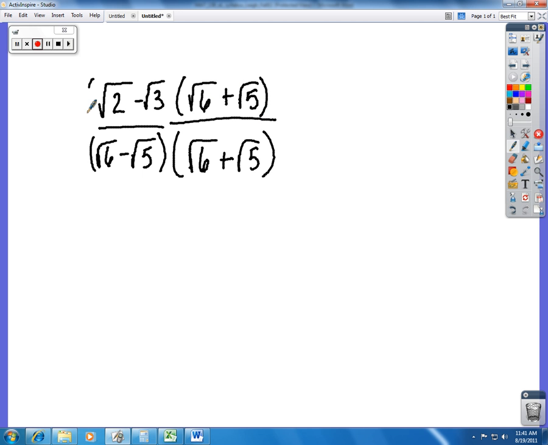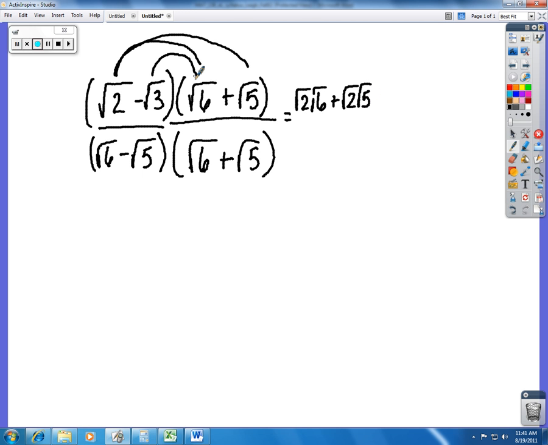Okay? So, if we multiply out the top first, I would have this square root of 2 times the square root of 6. I'll just write everything out for now so that there's no confusion. And then again, I'm using FOIL, first, outer, inner, last. So we've got a positive 2 times a positive 5, so I've got plus the square root of 2 times the square root of 5.